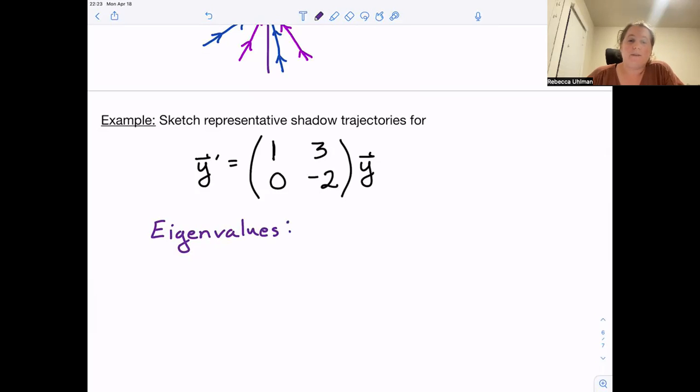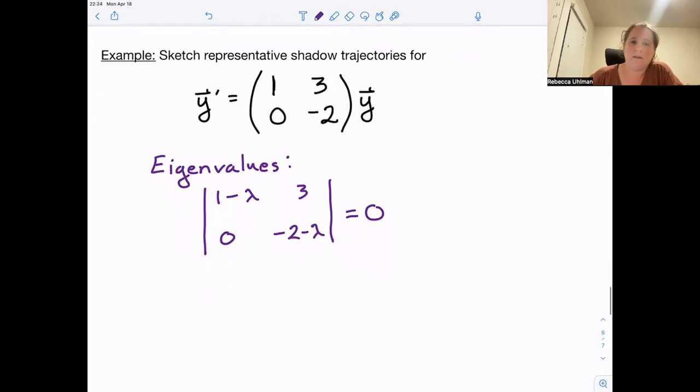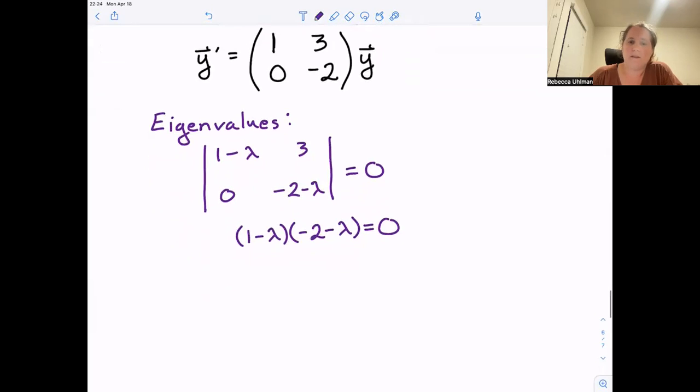We are working with a triangular matrix, so you can take the shortcut, or we can just do 1 minus lambda, 3, 0, -2 minus lambda, take the determinant of that, we should get 0. This is just 1 minus lambda times -2 minus lambda is equal to 0. And we wind up getting lambda is 1 or -2.